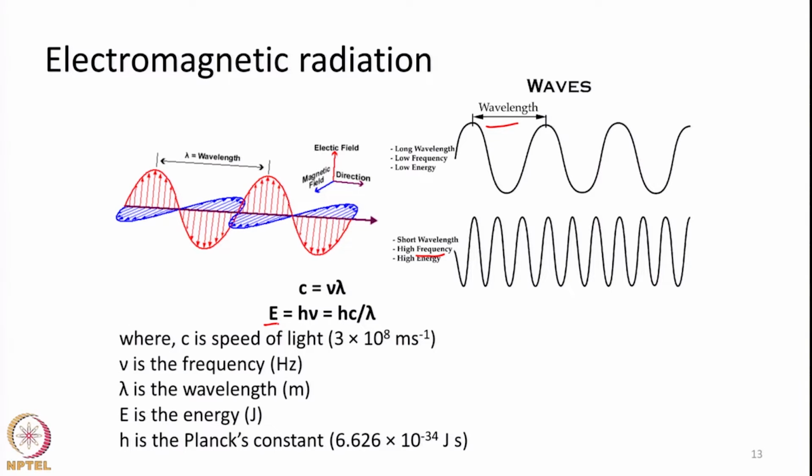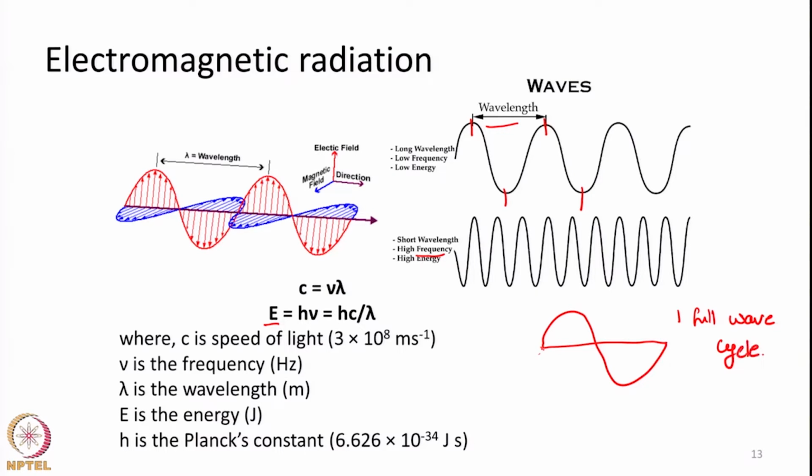A wavelength is defined as the distance travelled by a wave between two consecutive crests or two consecutive troughs, or to be more precise, the distance travelled by a wave for it to complete one full cycle. So, this we call one full wave cycle.